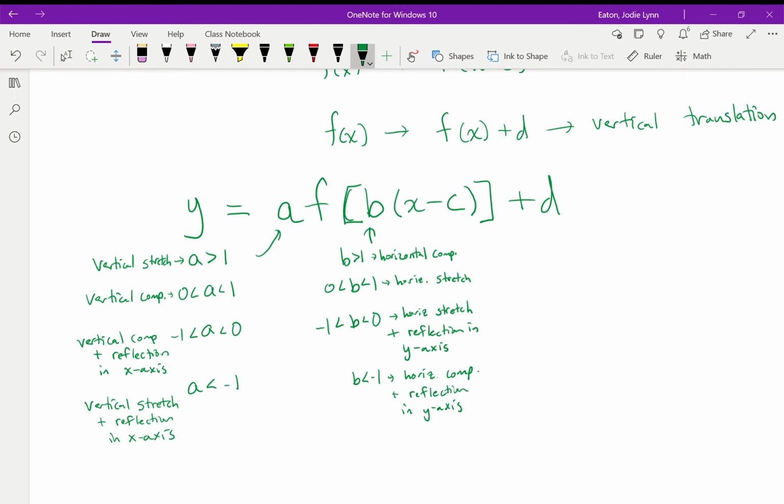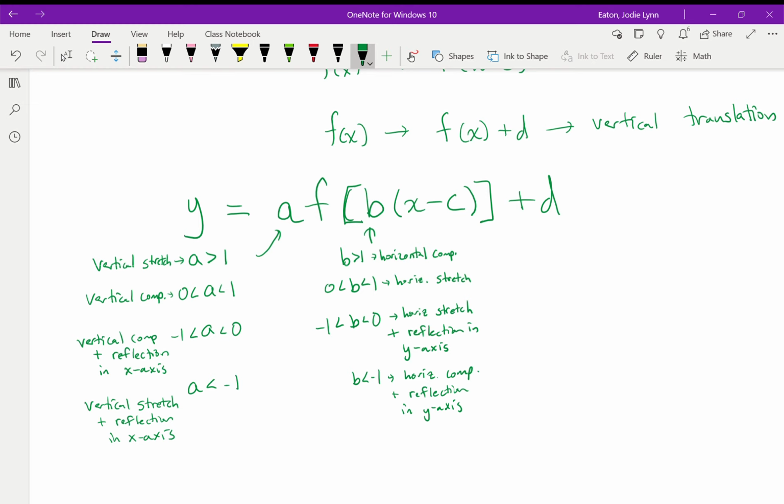If you have something that's symmetric about the y-axis and you're going to try to reflect it in the y-axis, nothing is going to happen. So think about what graphs it doesn't actually matter with.